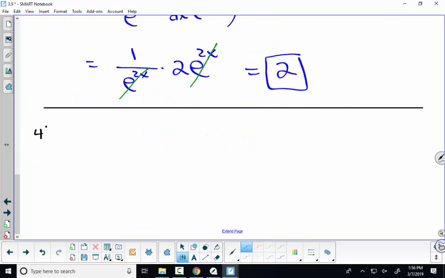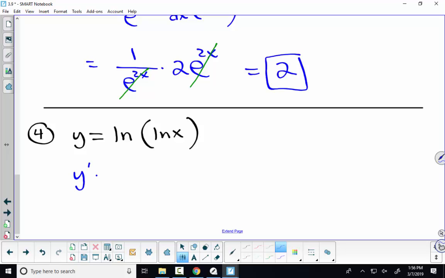Okay, example 4. y equals the natural log of the natural log of x. We can't simplify that first, so let's just start off by saying the derivative is 1 over the argument. Here's the argument.